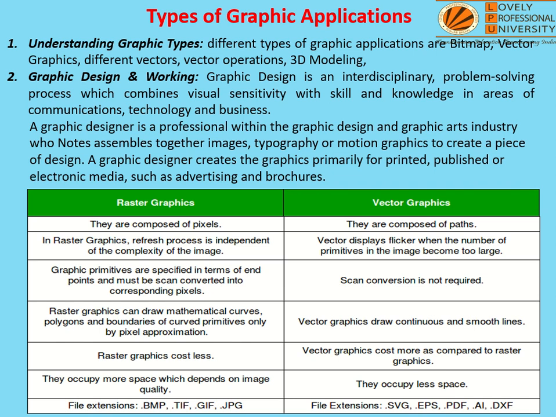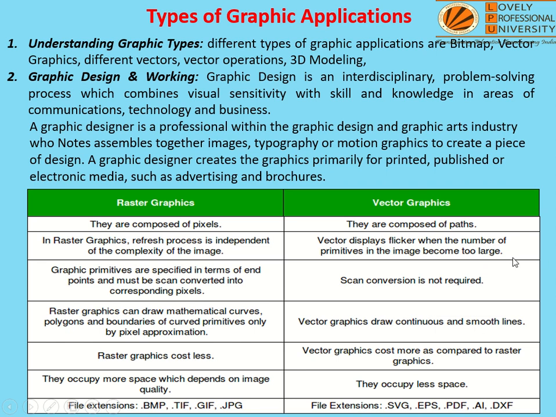Pixels means what? The number of dots per inch, that is DPI, makes a pixel. If there are more pixels in the per inch area, it is going to make your picture sharper, a higher quality picture. Whatever graphics we are going to create in Photoshop are basically raster graphics.